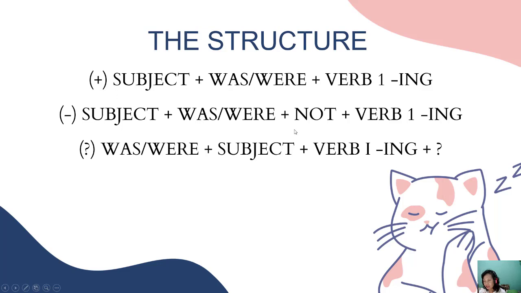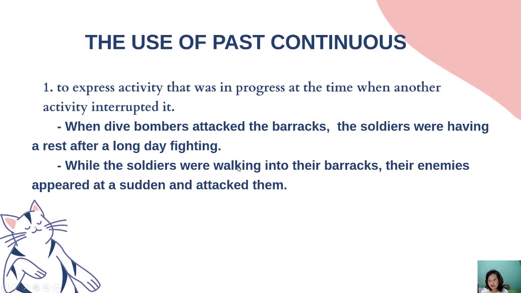Then we have not here for the negative, and inverted here was, were plus subject plus verb 1 ing for the question. Okay, what is the use of when we use the past continuous? The first is when we want to express activity that was in progress at a time when another activity interrupted it.